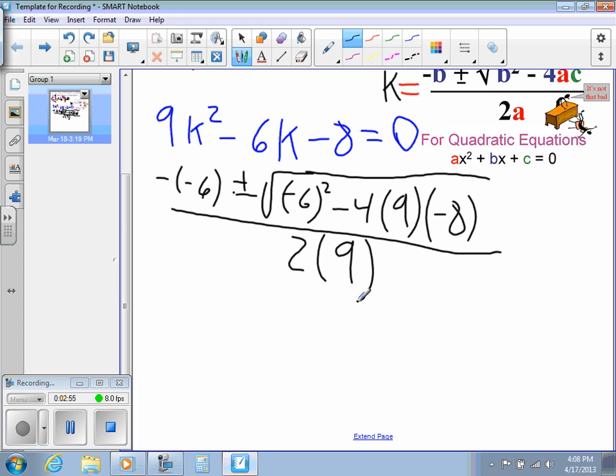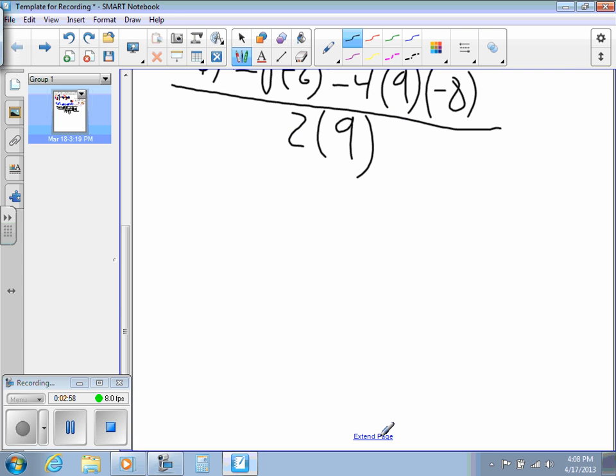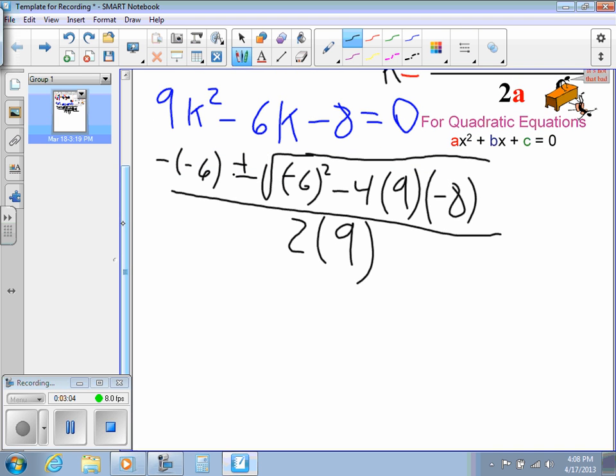Okay, so now I get to start simplifying. Negative 6 would just be 6, plus or minus the square root of, okay, negative 6 squared, I now have 36, minus, let's see here, 4 times 9 times negative 8. First of all, minus and negative, those are going to cancel and give me plus.